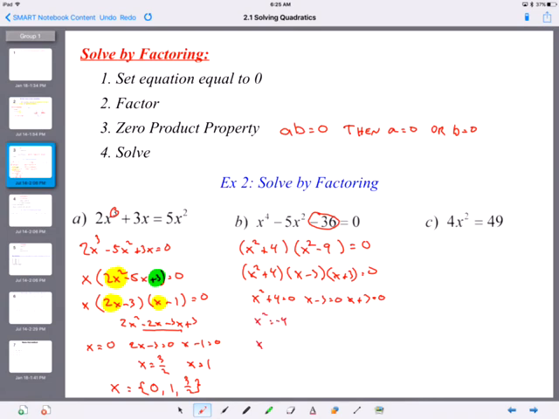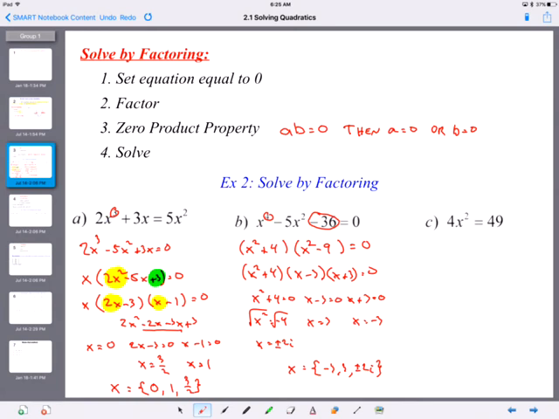Take the square root of both sides. The square root of negative 4 is plus or minus 2i. Add 3. Subtract 3. And on this one, we get a total of 4 answers. Once again, your degree is 4.